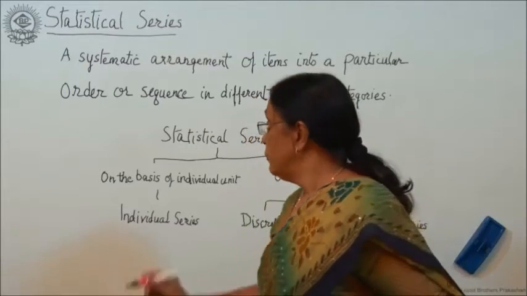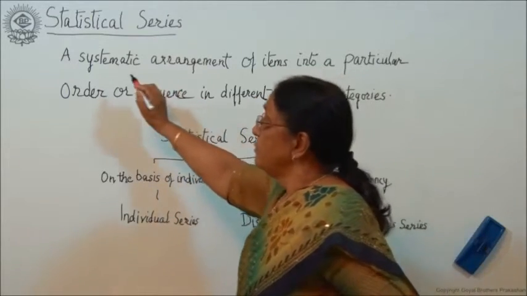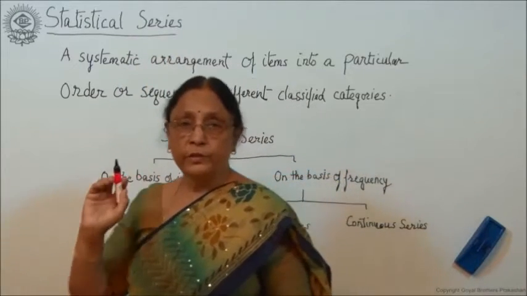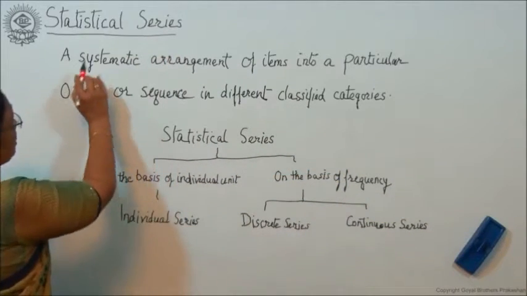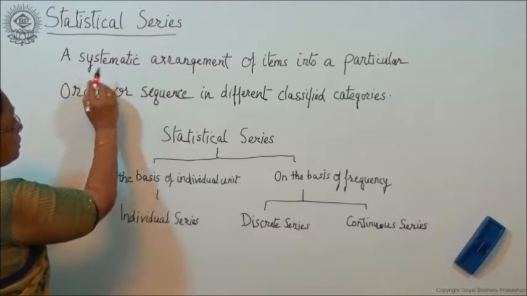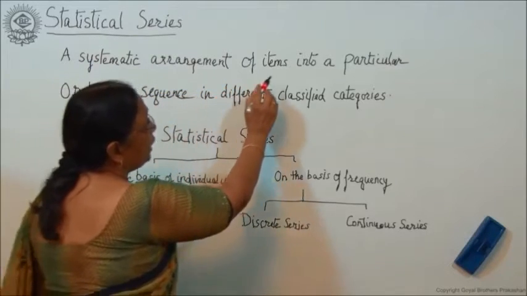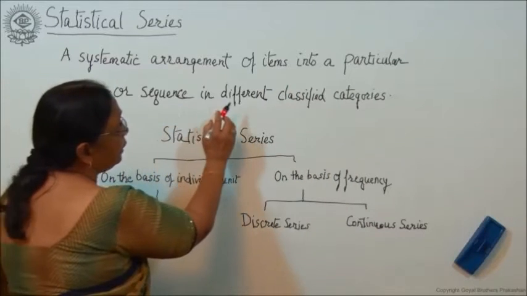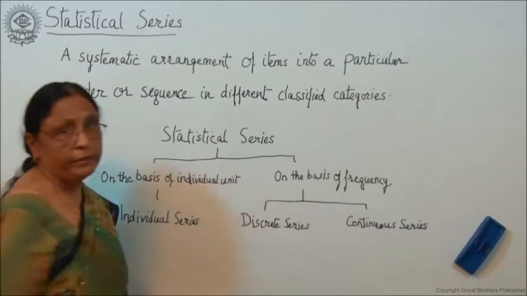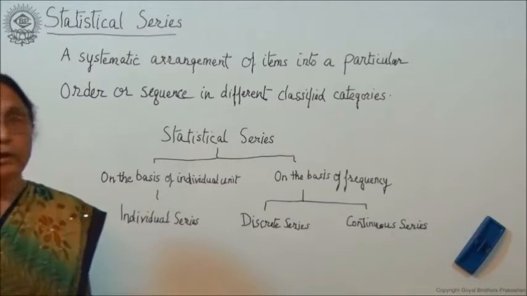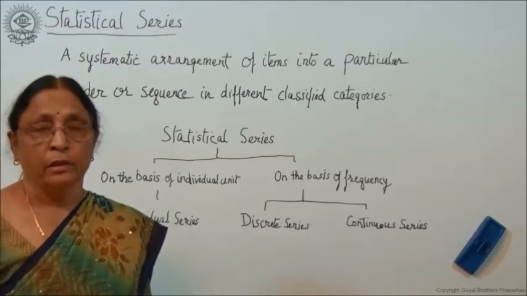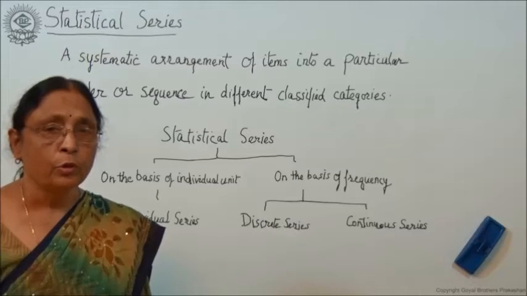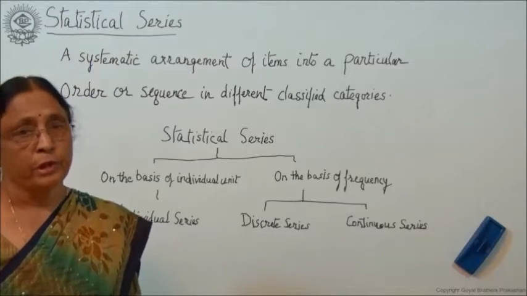Before starting the formation of statistical series, I just want to make clear to you the meaning of statistical series. Here, statistical series means a systematic arrangement of items into a particular order or sequence in different classified categories. As I told you earlier, when we classify the data, you have to classify the data into different groups according to their qualities or attributes.